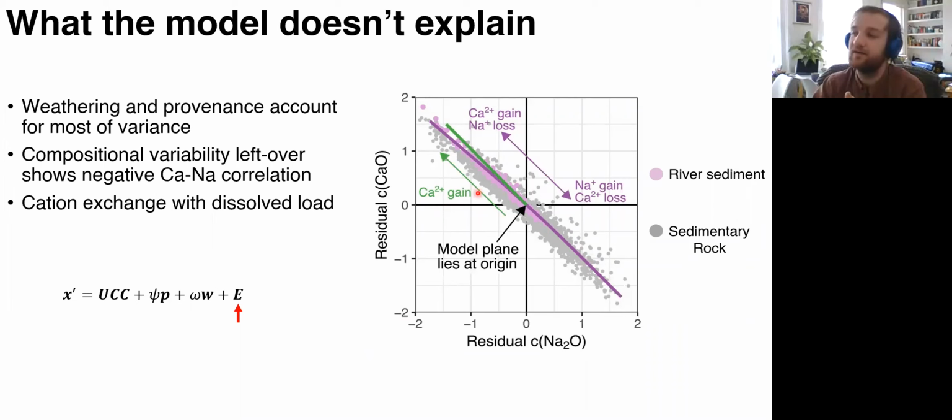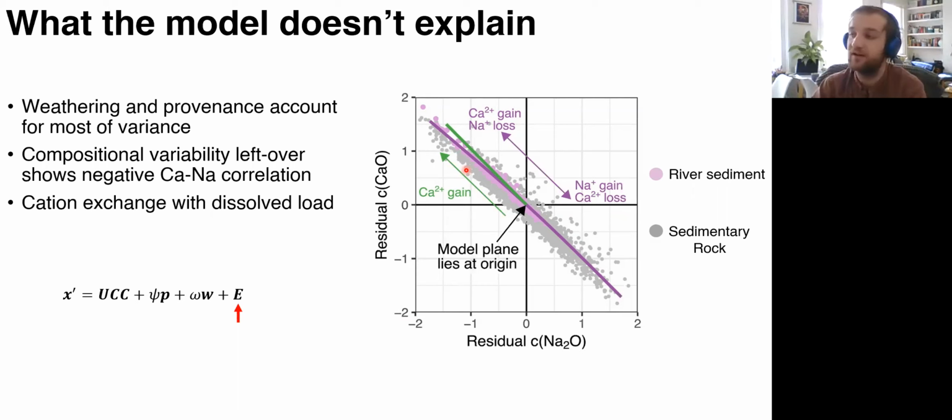And what we see is when a sample is enriched in excess calcium, it is generally depleted in sodium relative to our model prediction. And this is pretty consistent with a cation exchange. So interaction of surfaces of clay particles with the dissolved load in water.